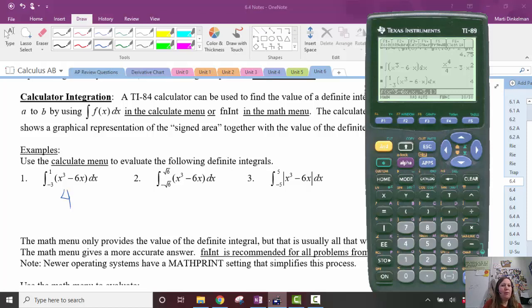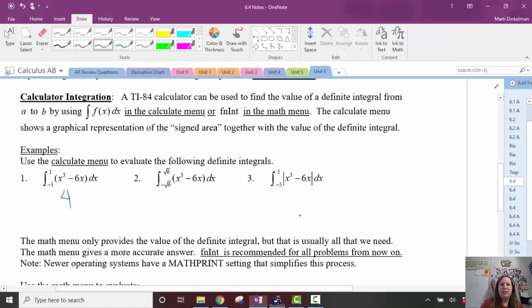Okay, on the 84, that's what the video kind of coaches us through a little bit more here. If we go to the math menu, which is just below alpha, we'll see on number 9 for me, it says fnInt, like for finite integral. And we're just going to type that integral just as it is, so we make it look exactly the same.